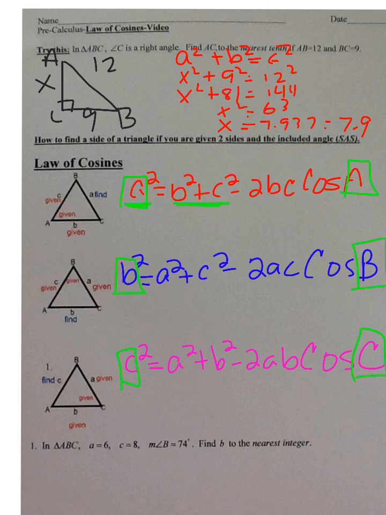So let's take a look at number 1. We have in triangle ABC, a is 6, c is 8, angle B is 74 degrees, and we're looking for side b to the nearest integer. So let's draw a triangle. So I have triangle ABC. Side a is 6, side c is 8, angle B is 74, and we're looking for side b.